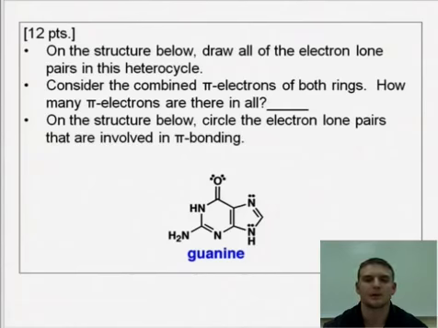The second part of the question asked us to consider all the pi electrons in both rings and how many pi electrons there are in all. And note, we're not just concerned with the pi electrons on the ring directly. We need to consider the pi electrons of the atoms appended to the ring.